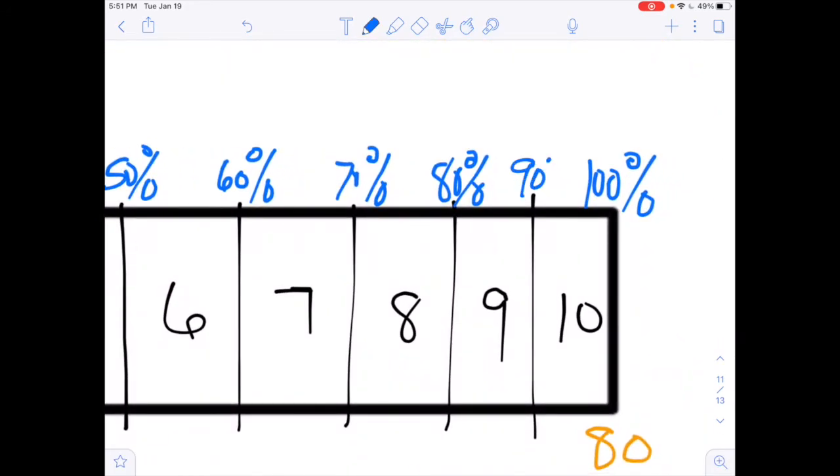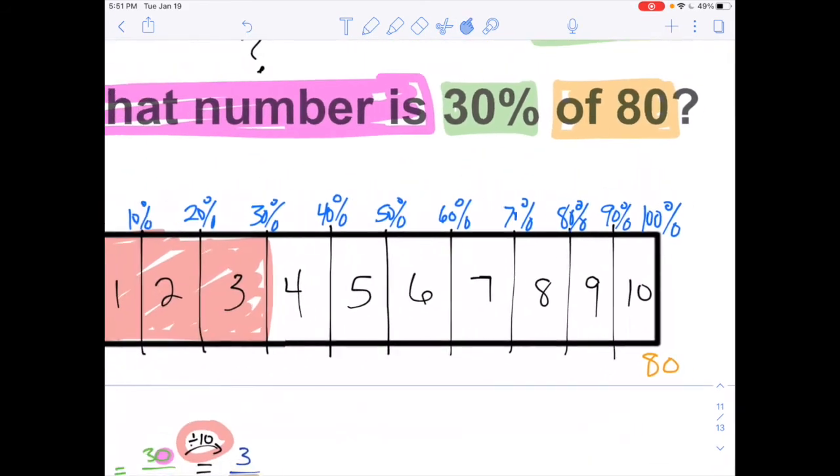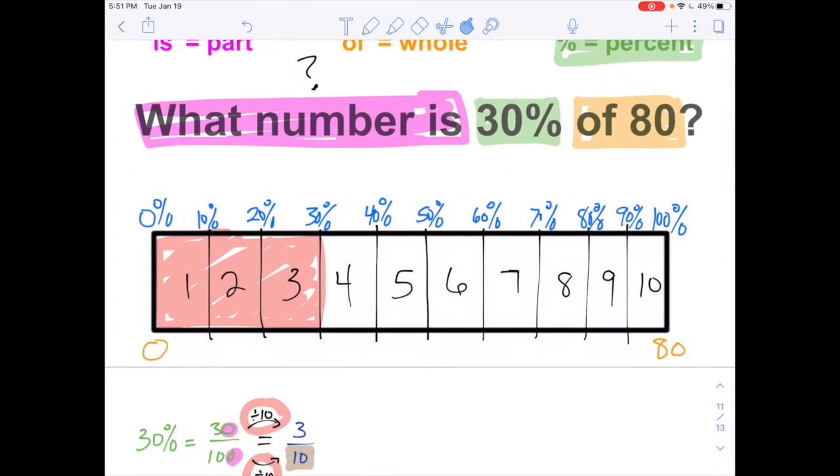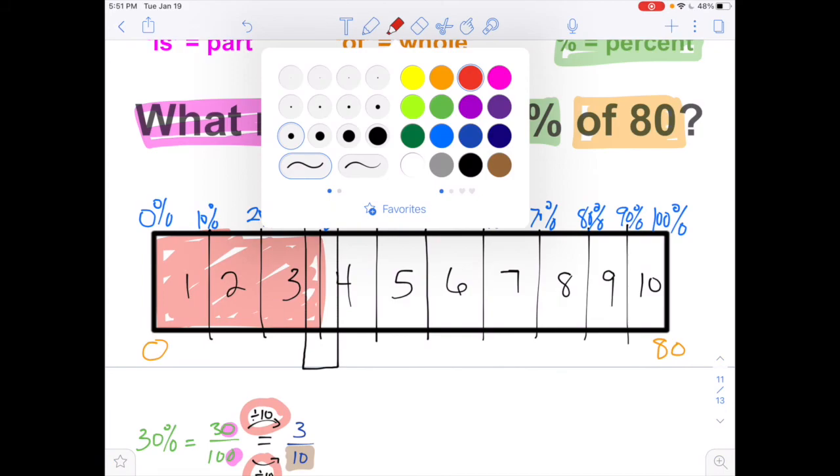And 90%. All right, but to answer the question, I don't need the percent on the top because I was given 30%. So instead, I need the number that goes on the bottom of 30% at the end of what I colored. So to get that, I have to go back to the whole for the number on the bottom.